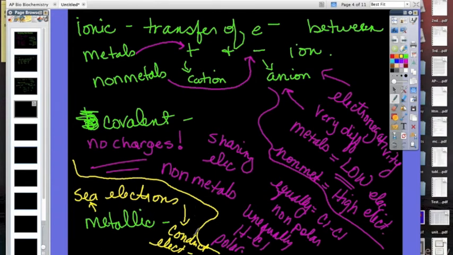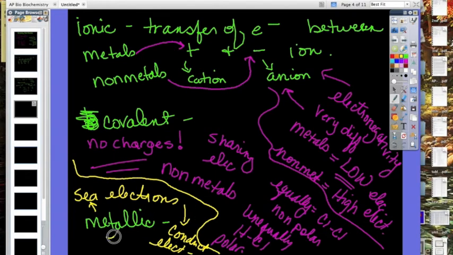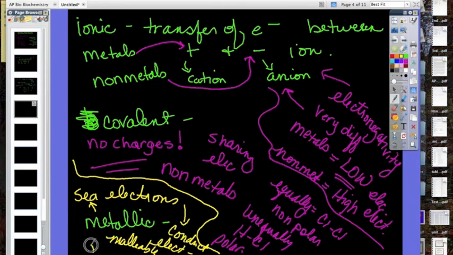So, conducts electricity, it's malleable and ductile. Okay, if you remember, ductile means that it can be pulled into thin wires, malleable, hammered into thin sheets, conducts heat and electricity, is pretty self-explanatory. So those are the three different types of bonds that we talked about with this unit.